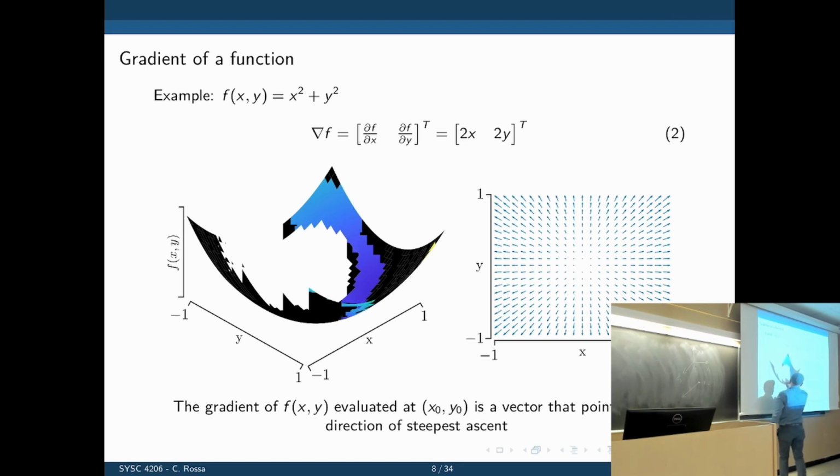Because if we go along that line here, that's where the function goes up. So if we keep traveling on this plane in this direction, the function will grow at the highest possible rate. Does that make sense? Any questions so far?